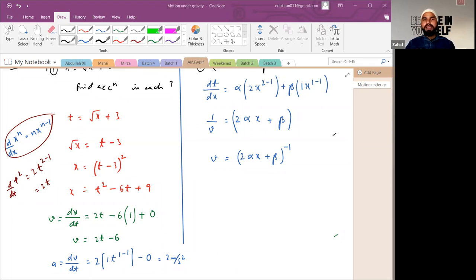Okay, now how to differentiate this term? I'm defining you using an example.